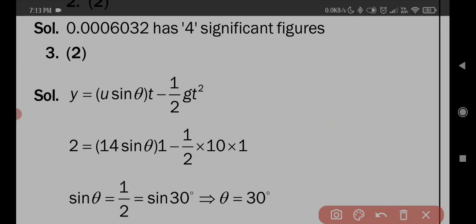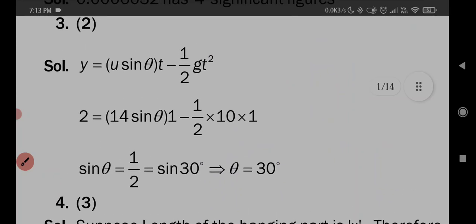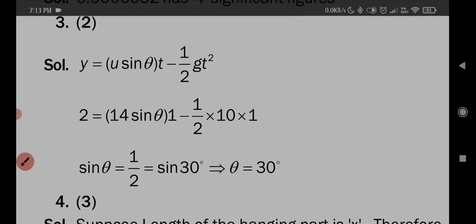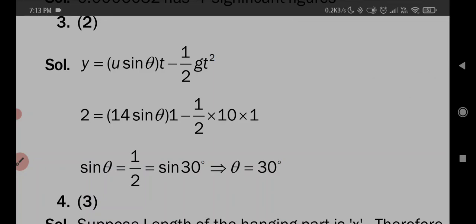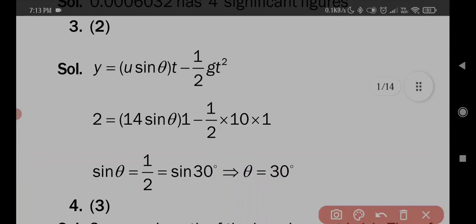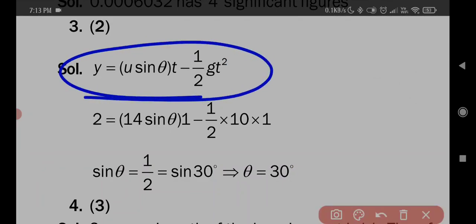So how to approach this question? What you need to do is, you'll get the answer as 30 degrees. Okay, how to do it: from the equation y is equal to u sine theta t minus half g t square.